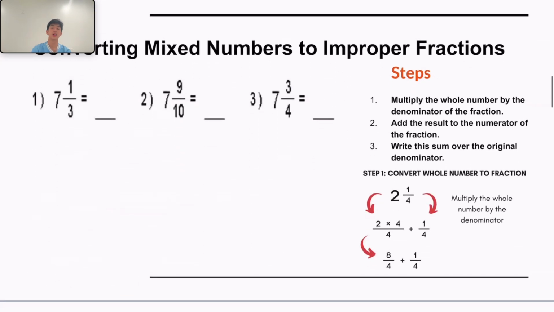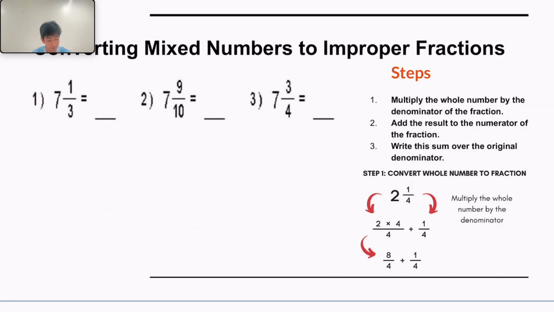Okay, let's take a look at the first topic here, converting mixed numbers to improper fractions. There are 3 steps here. First, you multiply the whole number in front by the denominator, and you add the result to the numerator of the fraction and write the sum over the original denominator.